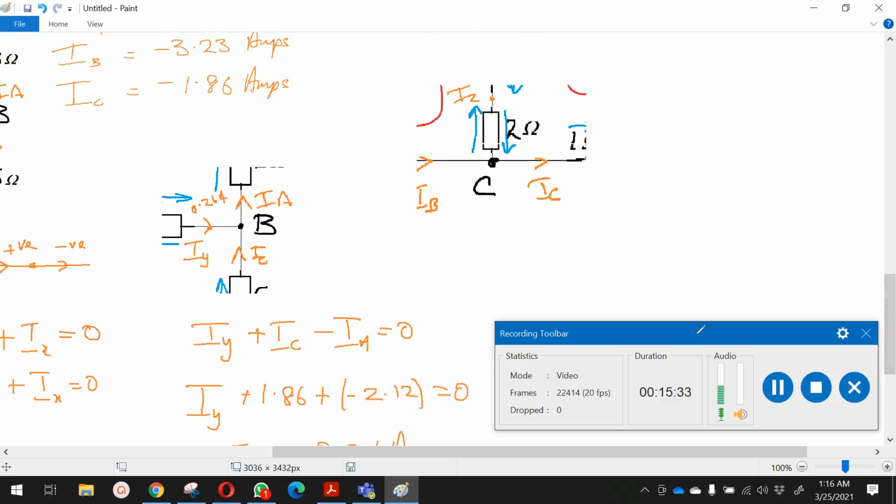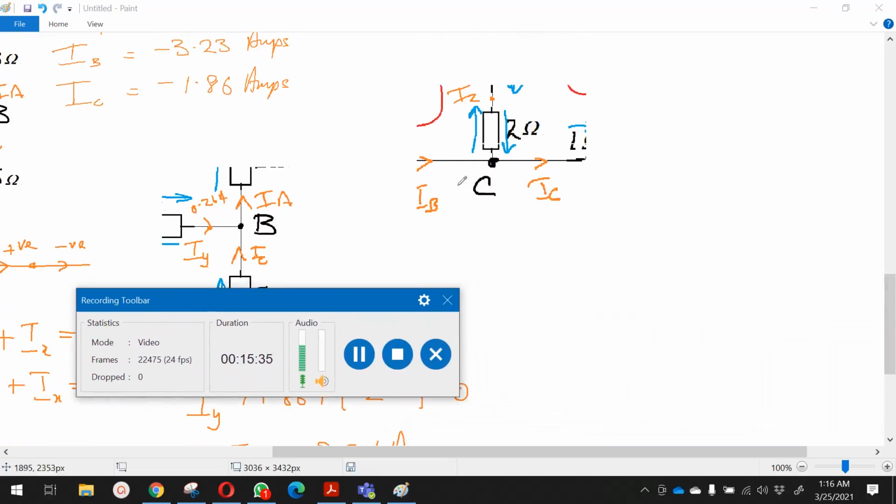Following the same rules, I know I have IB towards the junction minus IC away from the junction. These two I'm sure about. IZ I don't know, so I put plus IZ is equal to 0.